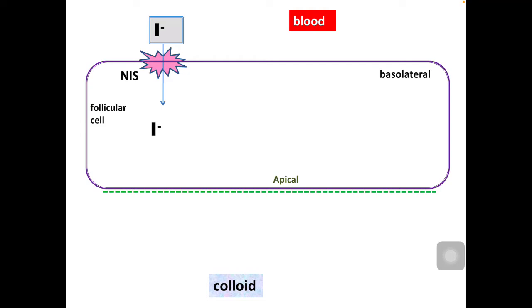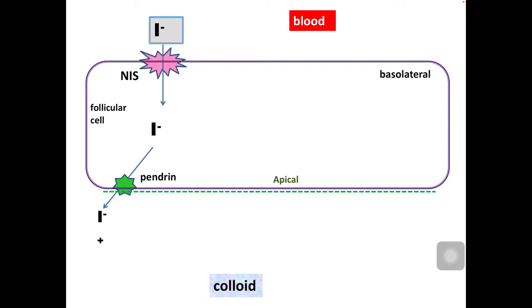First and foremost, the iodide present in the blood is concentrated in the follicular cell by means of the sodium iodide symporter, or NIS. This pump actively concentrates iodide from the blood inside the cell, along with sodium. It is an active pump.